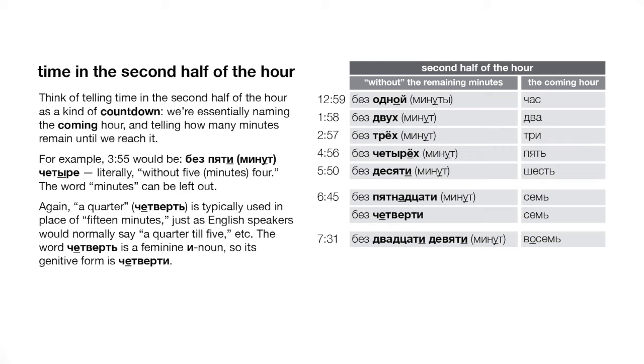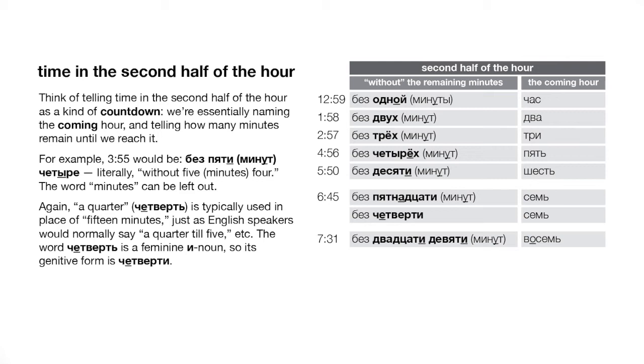Okay, now let's get to the quarter, right? It's a quarter till. So we could say without 15 or without a quarter, right? Без 15 7, без четверти 7. Right, we're without 15 7, we're leading up to 7. Now what about 7:31?